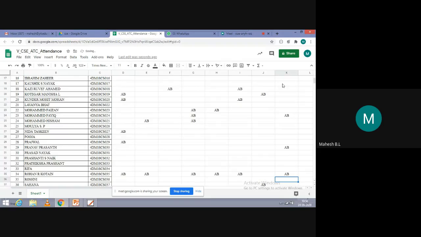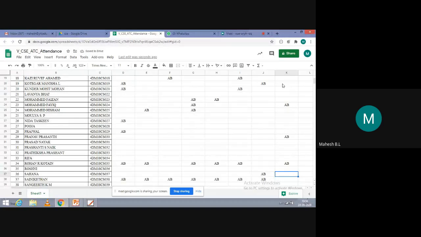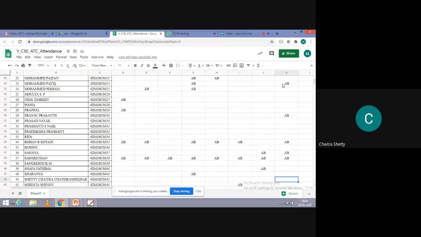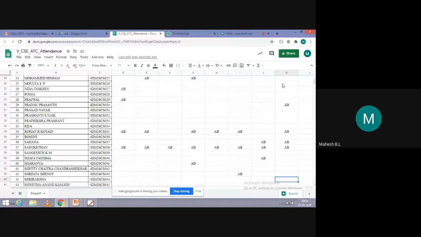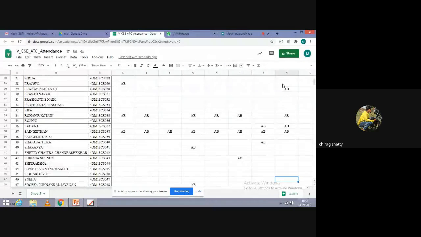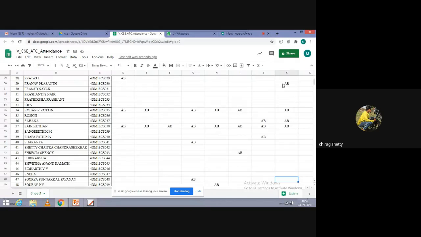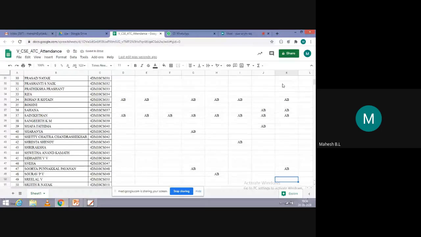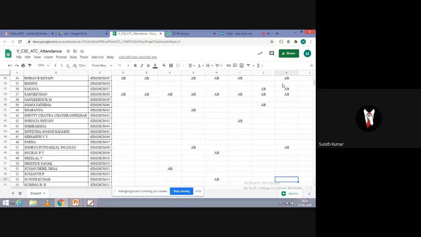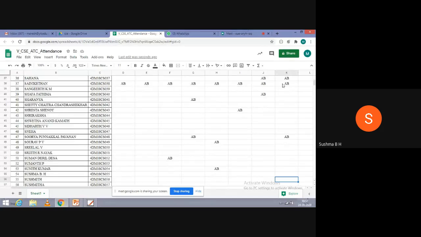Rohan, Roshni, Present, sir. Sushma, Present, sir.